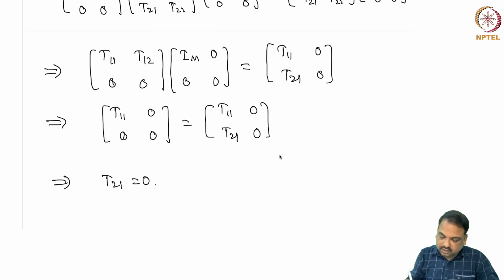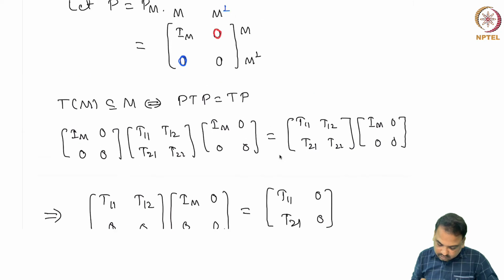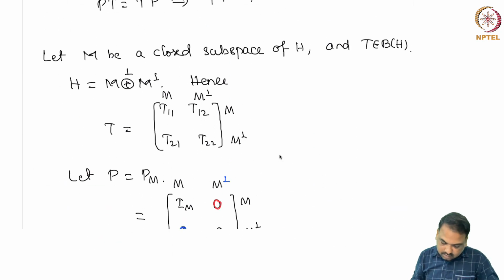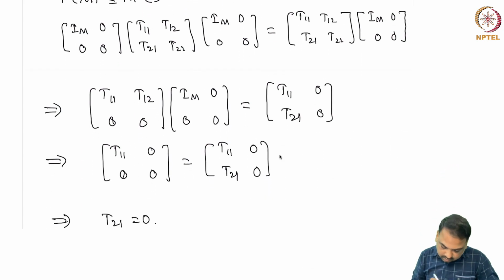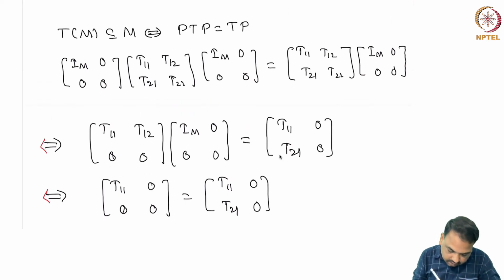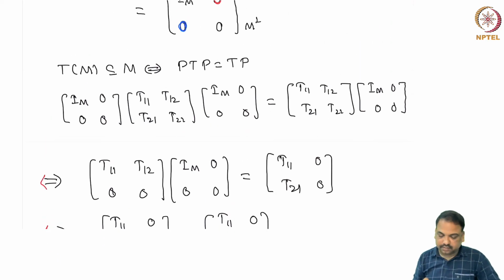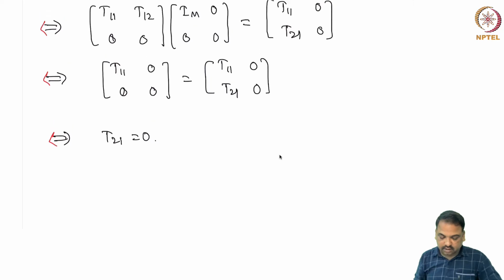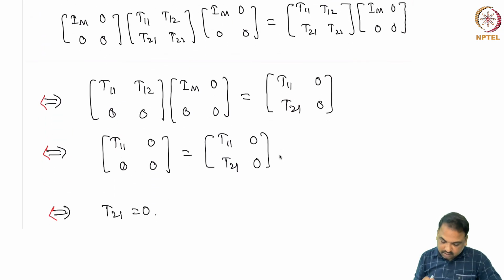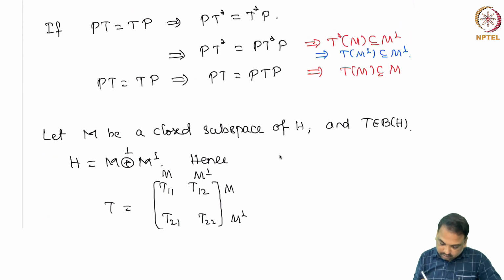Now we can actually show that whenever T21 is 0, we can compute all these steps and conclude that PTP equals TP. That means M is invariant. So whenever M is invariant, it is necessary and sufficient that this T21 part is 0.